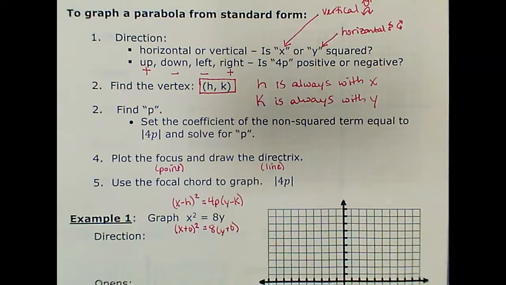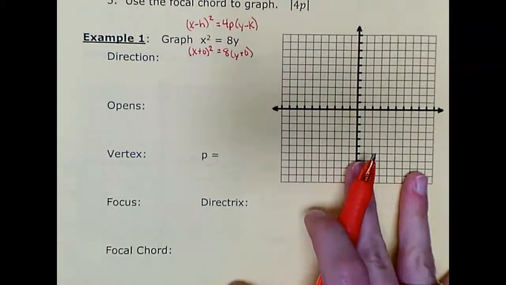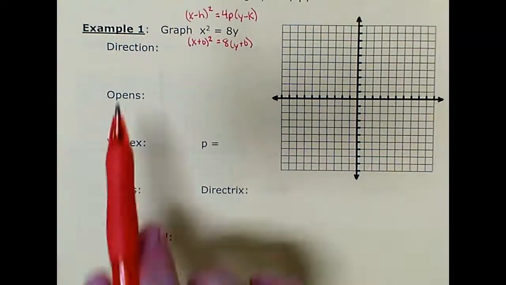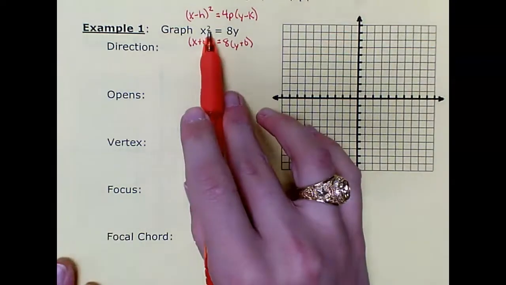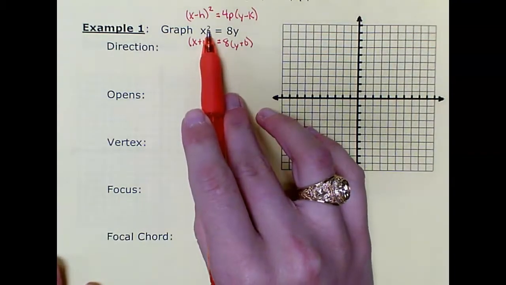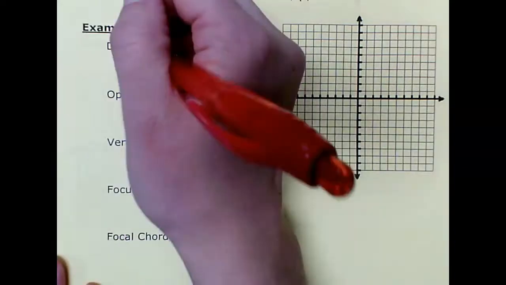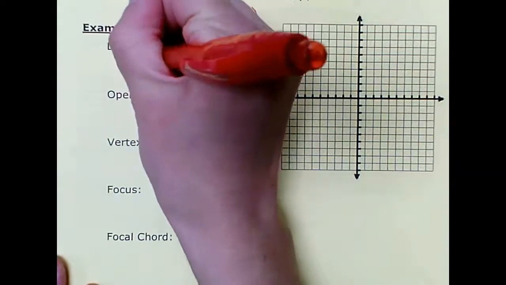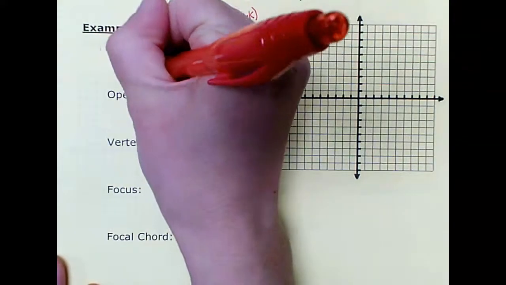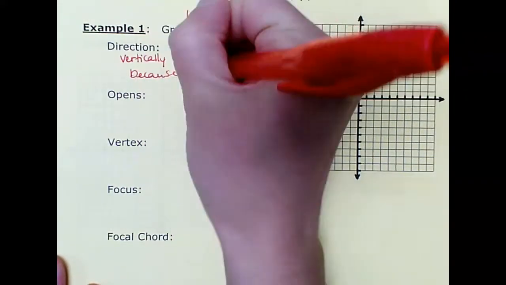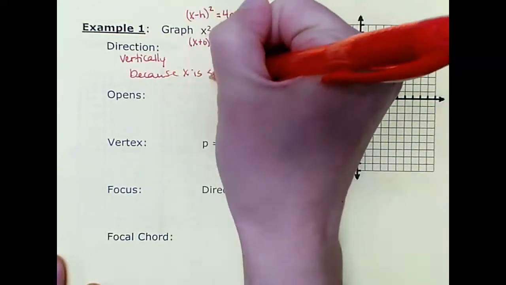So let's talk about the direction that this graph is opening. Well, if x is being squared, are we opening vertically or horizontally? We're opening normally, so that would be vertically, because x is squared.